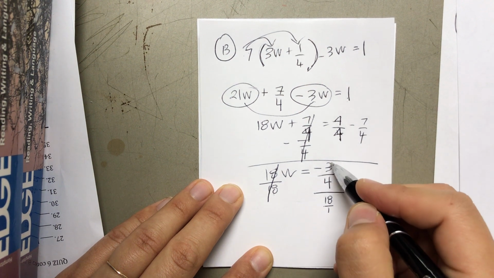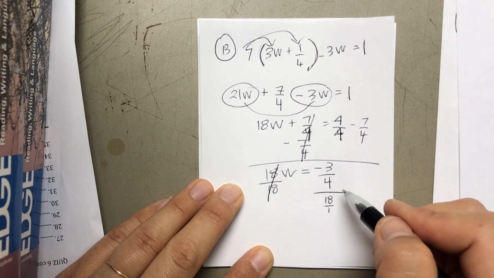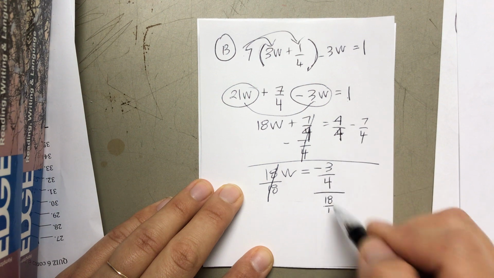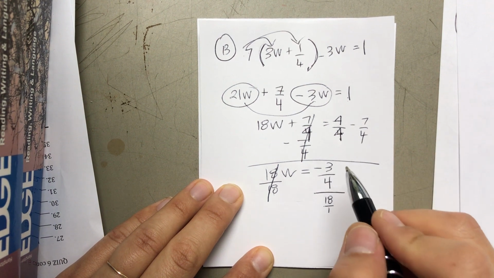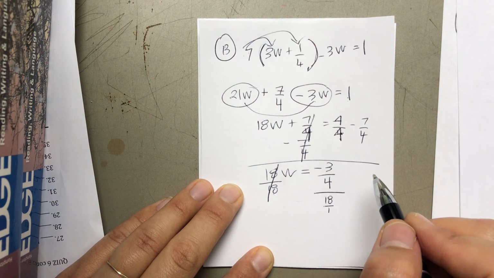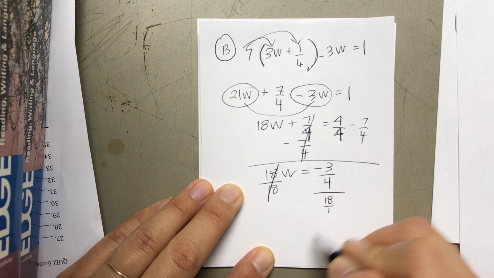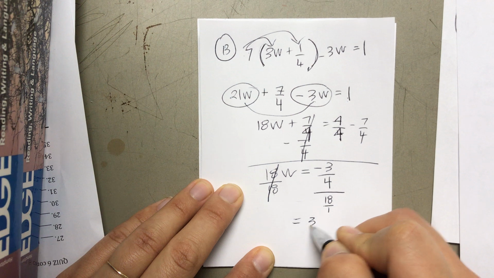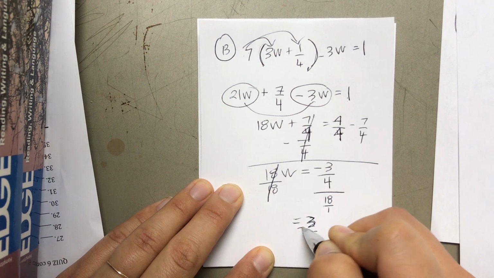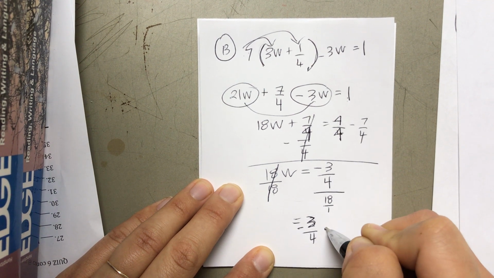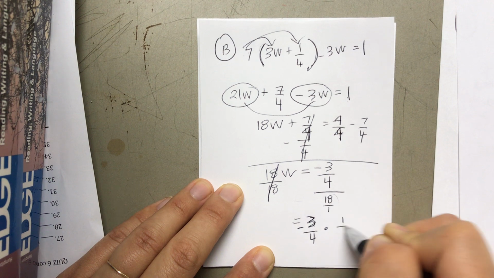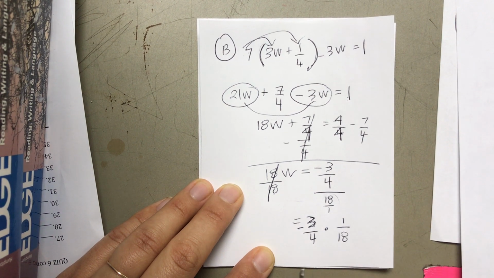When you are dividing with a fraction involved, what you do is KFC. You keep this part the way that it is, change the division to multiplication, and flip the bottom one over like this.